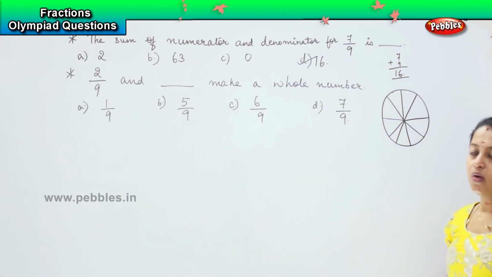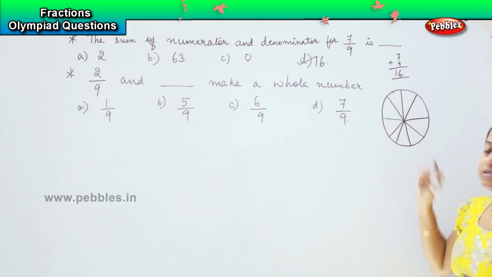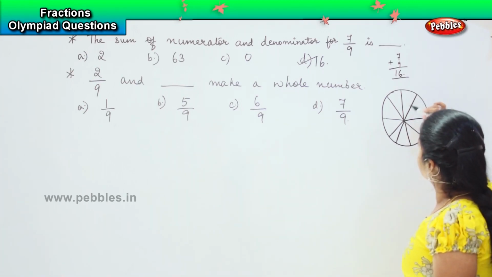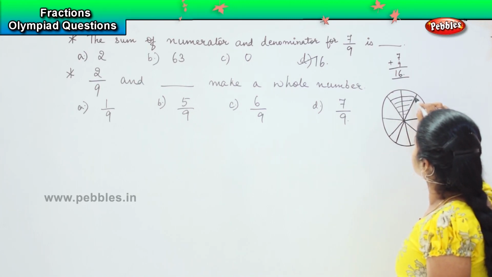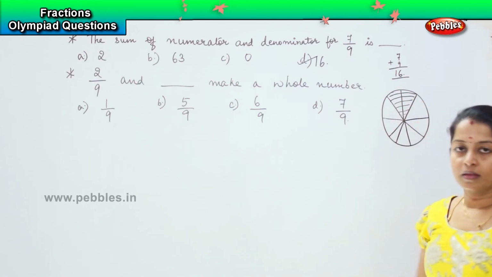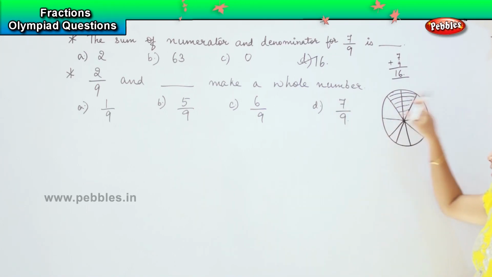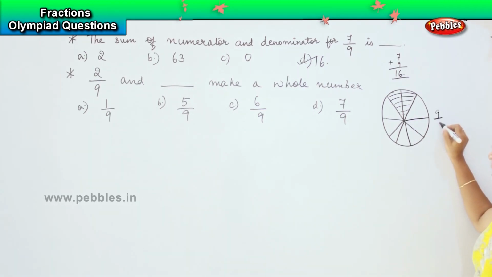Now I have taken a circle and I have divided it into 9 parts, and 2 by 9 I will just shade it. So, we will just shade this part. Now, what I have to add with this 2 by 9 so that it becomes a whole number, which means it will become 9 by 9 or 1.